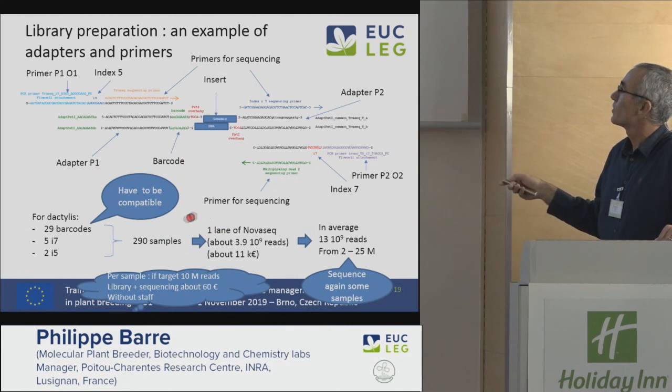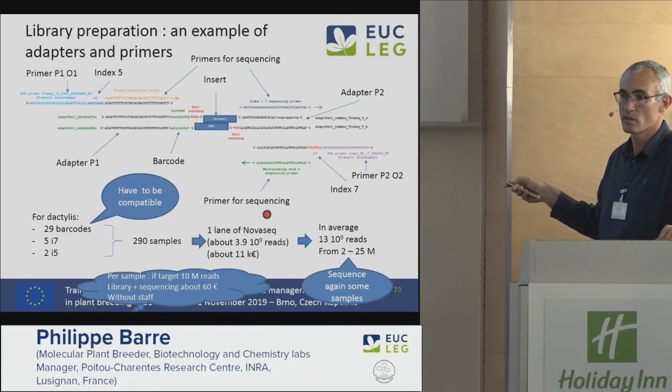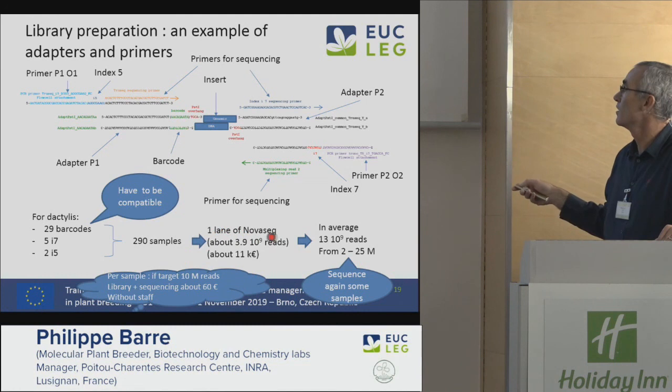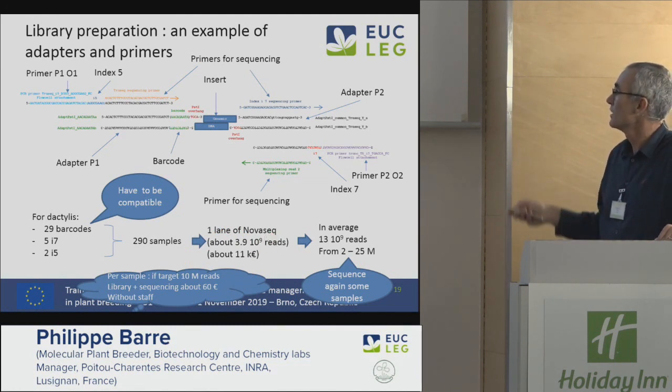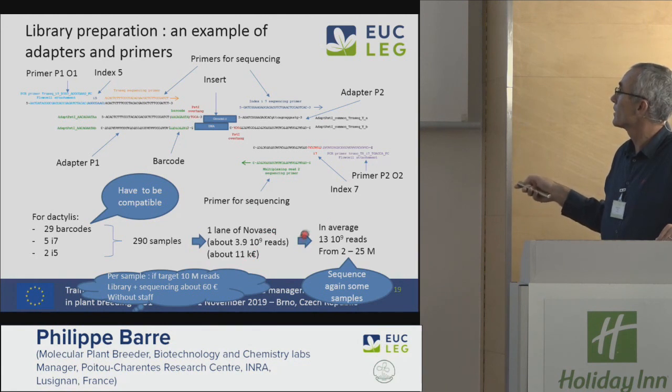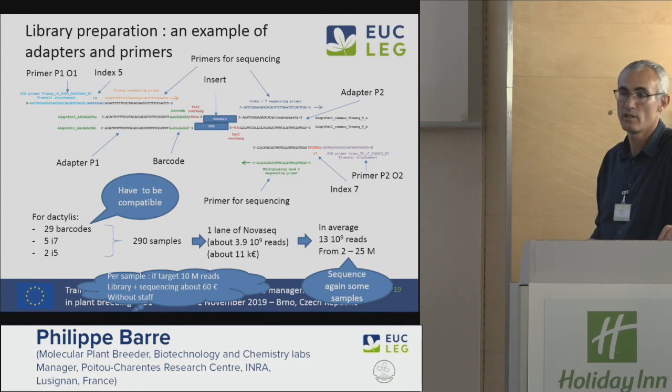And this we put on the sequencer. So the sequencer that we are using now is in Toulouse, and it's a NovaSeq, the latest technology of sequencer. And we got about 4 billion reads for about 11,000 euro.